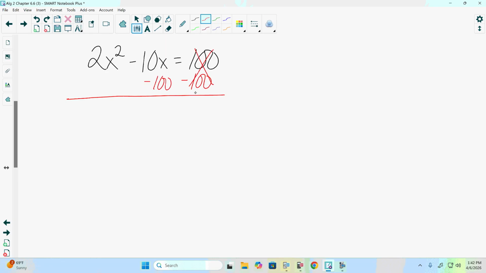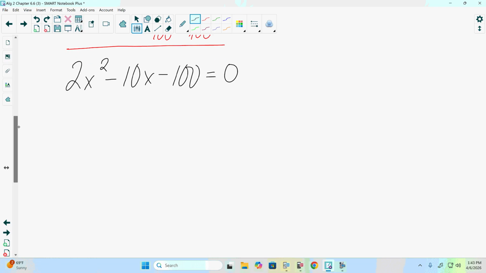So we're going to subtract 100 from both sides, telling us that 2x squared minus 10x minus 100 is equal to 0. Questions on any of this so far?